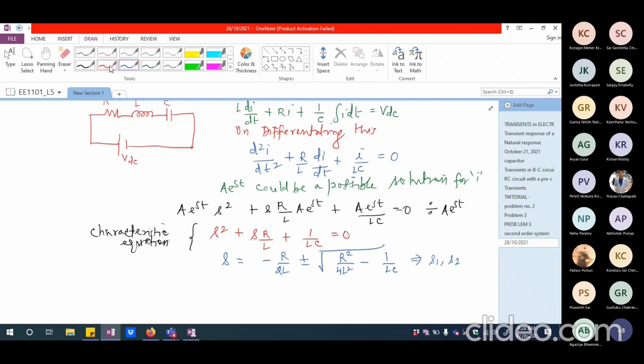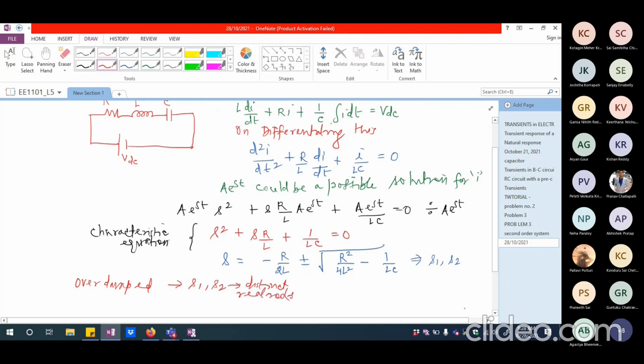So this will give us basically two solutions, s1 and s2, and we talked about 3 cases here. One is the over-damped system where we are going to have s1, s2, they are distinct real roots.